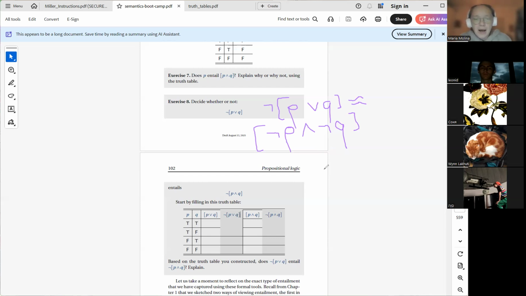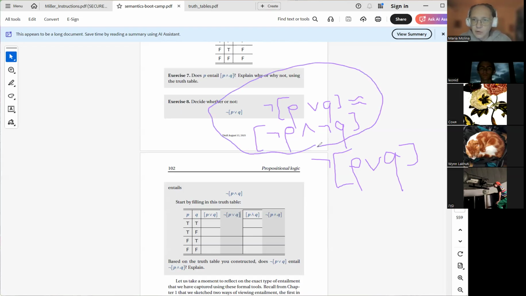But we have here the negation of P or Q, which is different from over here. This is, it's either not raining or not windy.